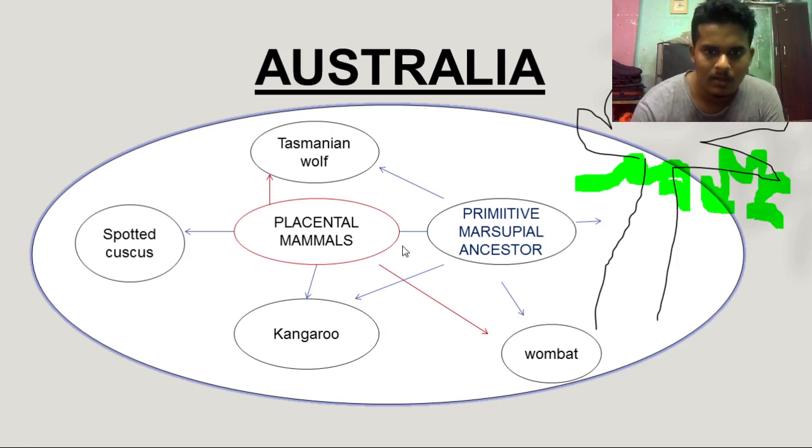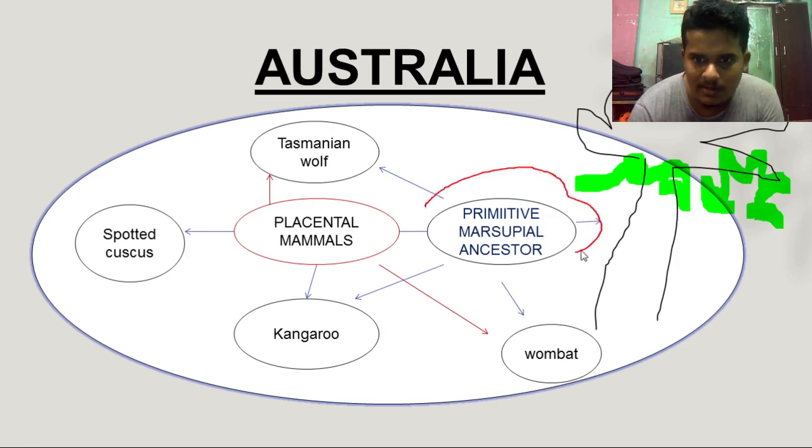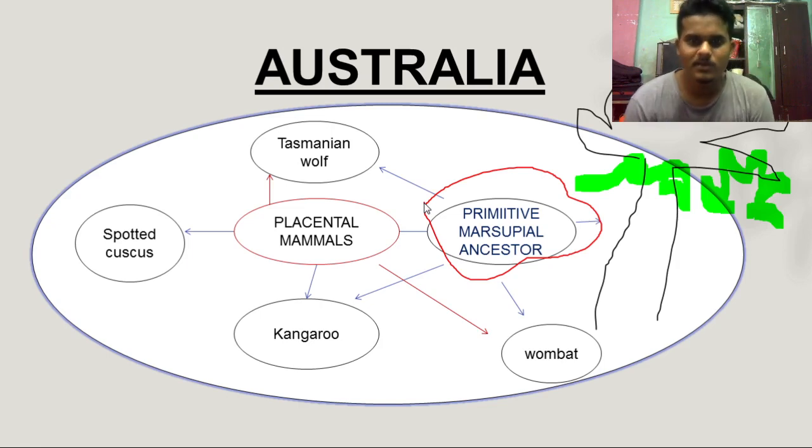Originally, when Australia was detached from the mainland, it became an island before the development of placental mammals. There, only marsupials were developed, and a few marsupials radiated, and adaptive radiation took place.